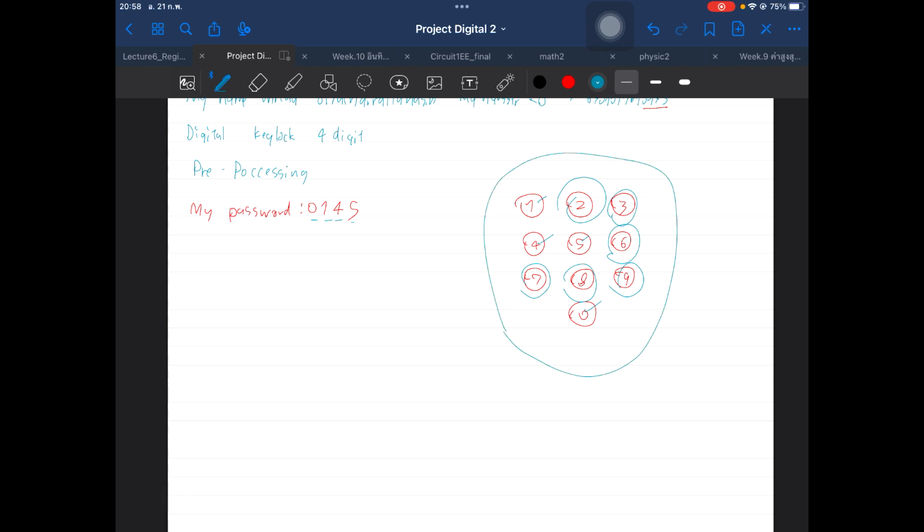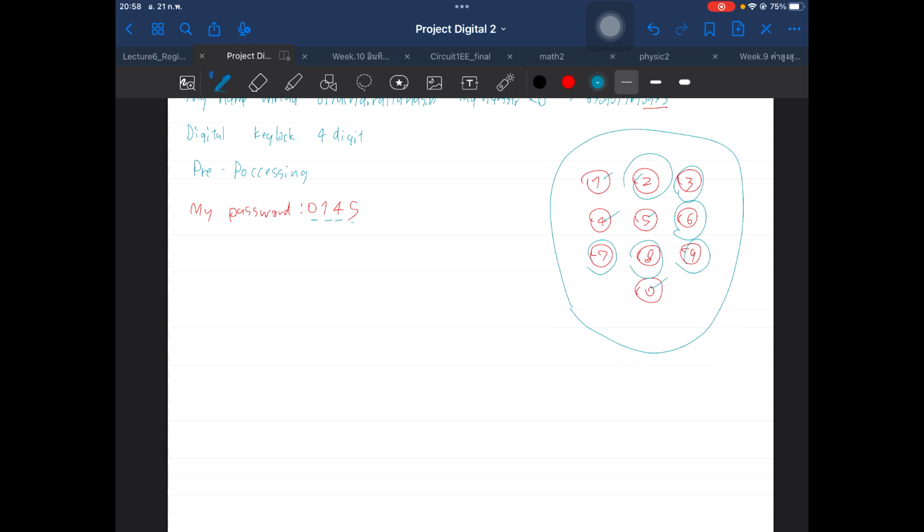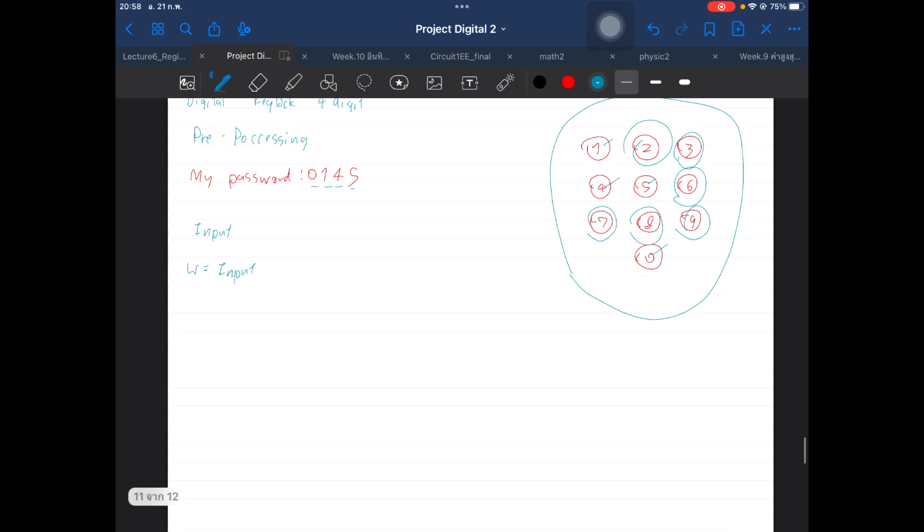From this picture, there will be file inputs. In my input, I will make W the input. First, W4 is press 0.